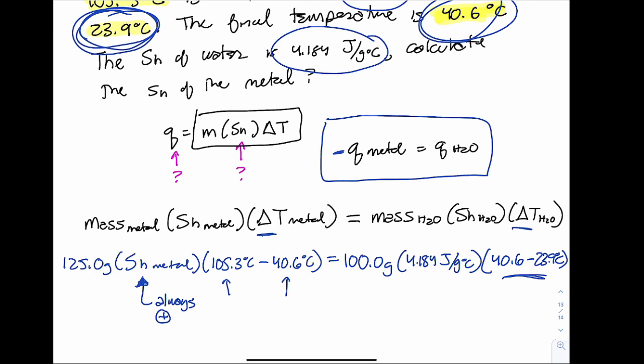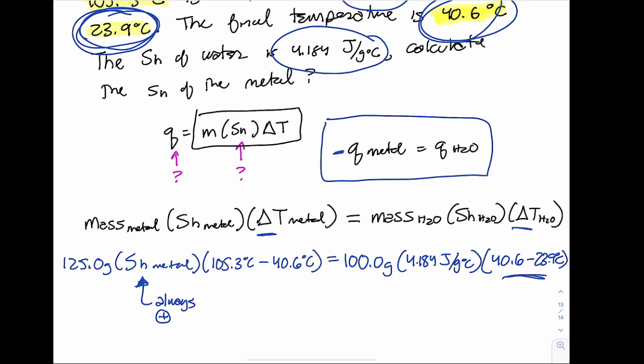So those should actually go the other way, which would give me a negative value for my temperature change. And then if I had the negative sign here, the negative times the negative gives me that positive value. What I'm choosing to do is ignore that negative and just put this part in the order that gives me a positive value, and then my specific heat comes out positive.